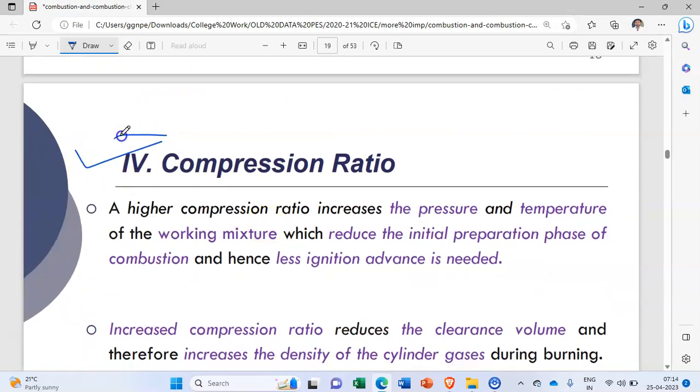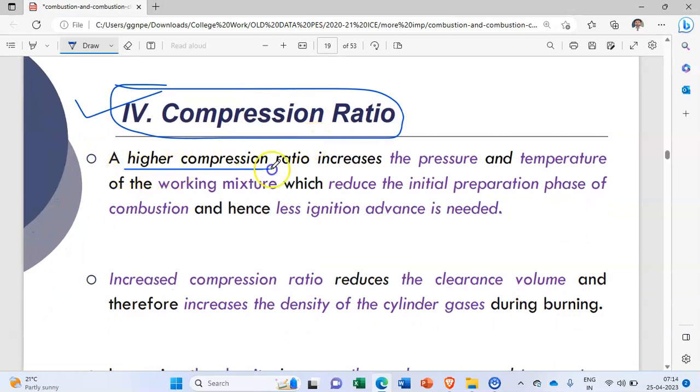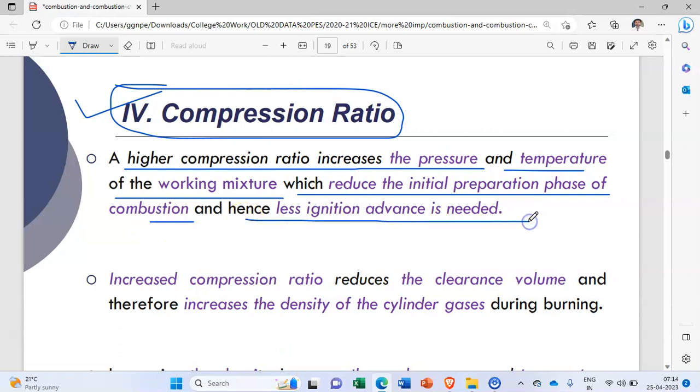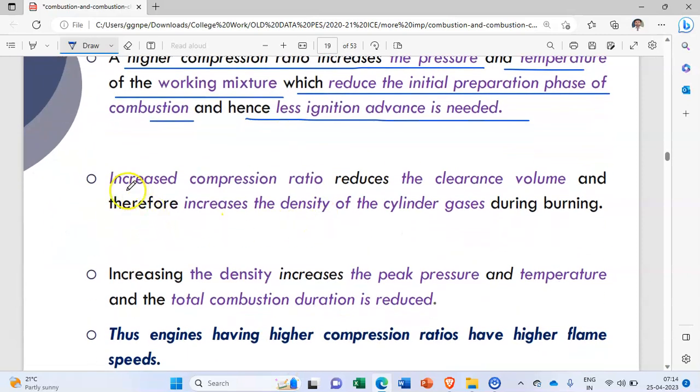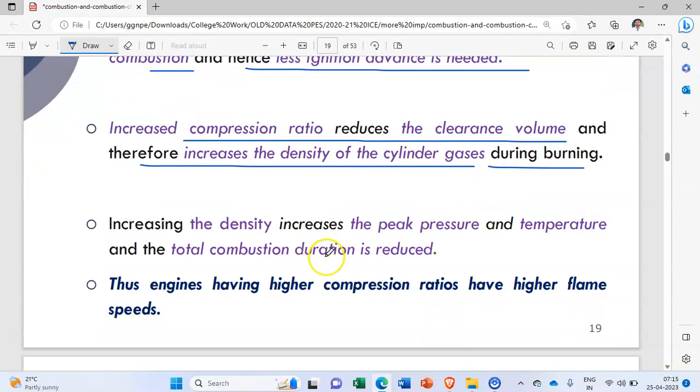Now let us see this very important parameter again, compression ratio. A higher compression ratio increases the pressure and temperature of the working mixture, which reduces the initial preparation phase of the combustion, and hence less ignition advance is needed. Increased compression ratio reduces the clearance volume and therefore increases the density of the cylinder gases during the burning.